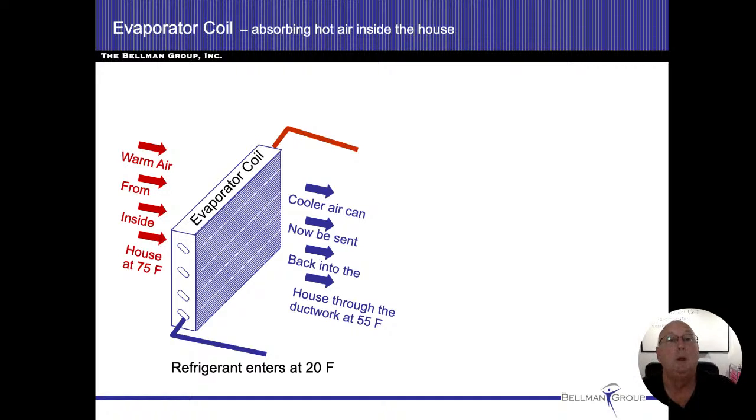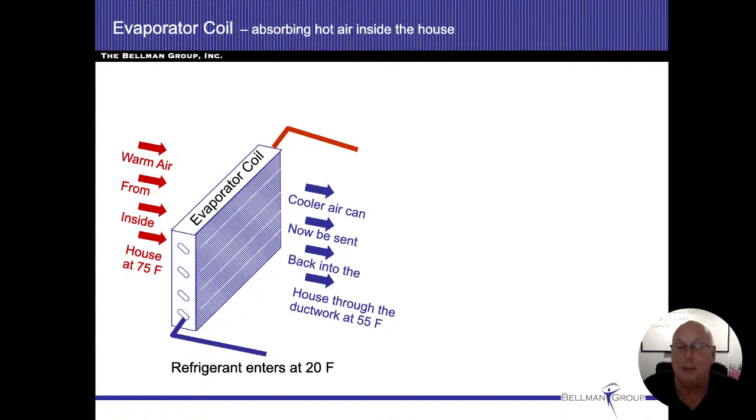So the evaporator coil, and we really give two names in air conditioning: we have a condensing coil and an evaporator coil. If you think about what I just talked about, when we're evaporating, we're changing from a liquid to a gas, and when we're condensing, we're changing from a gas to a liquid. So refrigerant enters at about 20 degrees Fahrenheit. I think that was the first number I threw out there. We're going to assume that the house is somewhere around 75 degrees.